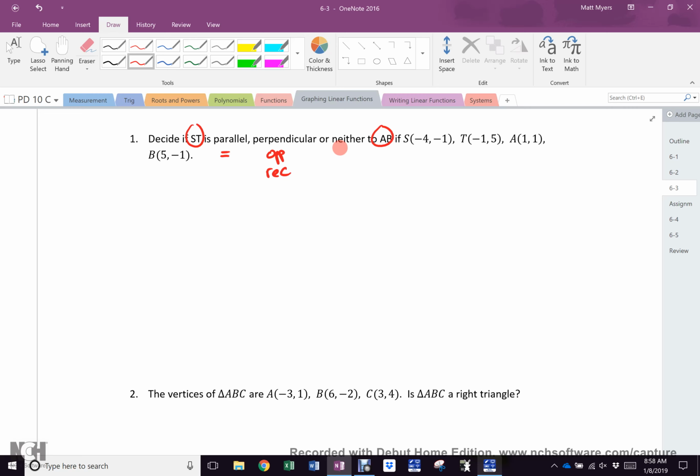There will be nothing shared. Everybody got it? So how are we going to figure this out? What do we got to check? We got to check ST's slope, right? What would ST's slope be? It would be y2 minus y1 over x2 minus x1. I chose those arbitrarily. Does it matter which one I choose? Of course not. But if I write it out, is it possible to do it wrong?